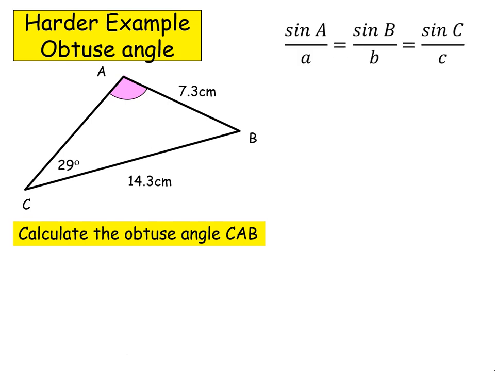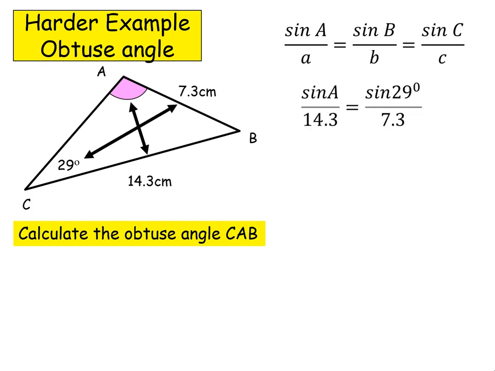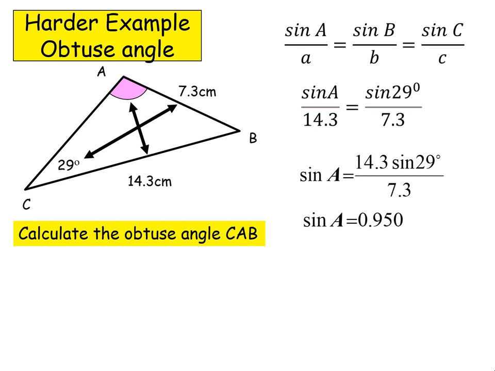So sin of A over 14.3 equals sin of 29 all over 7.3. 14.3 goes over and multiplies, and sin of angle A is 0.950. Everything exactly the same. We'll do sin to the minus 1, and we get 71.8 degrees.